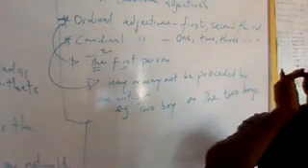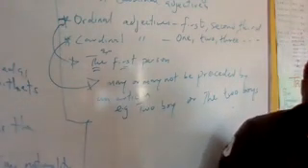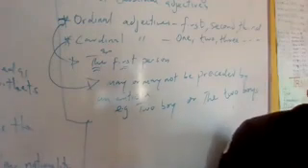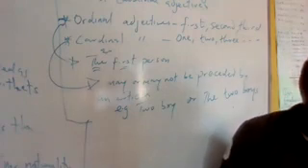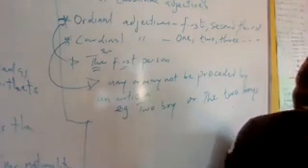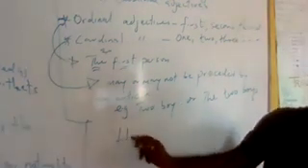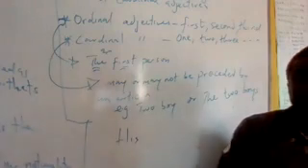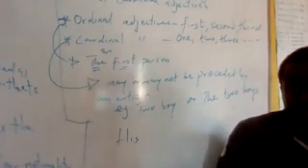And we said that your ordinal adjective is usually preceded by an article or a possessive adjective. What do I mean by possessive adjective? Can you give an example? His, hers, theirs.